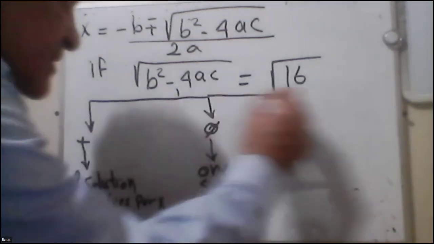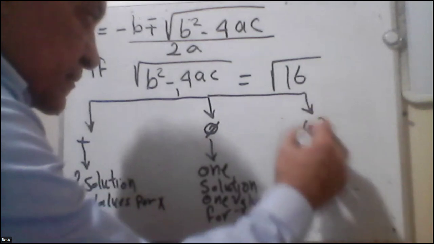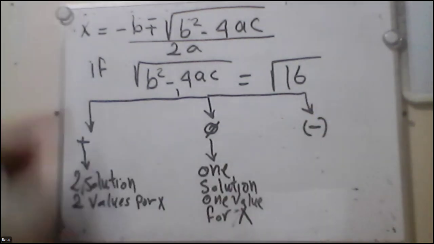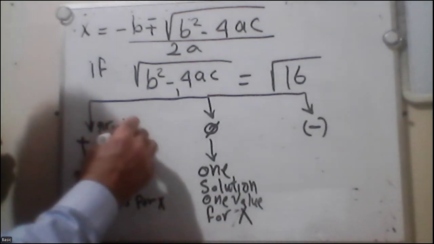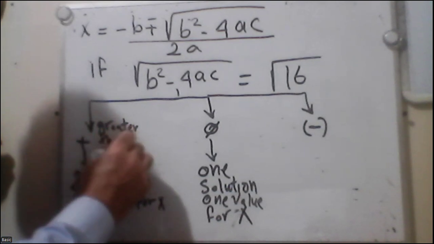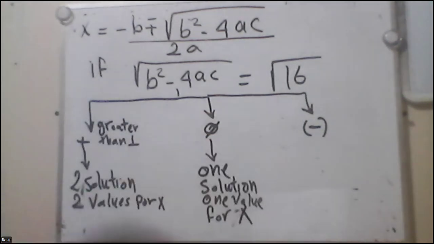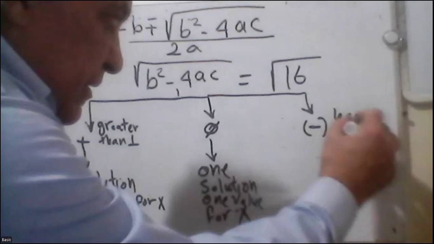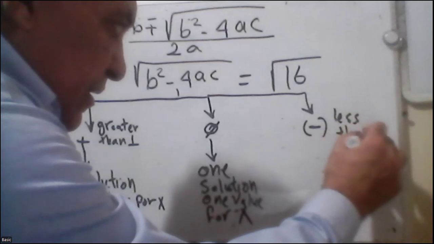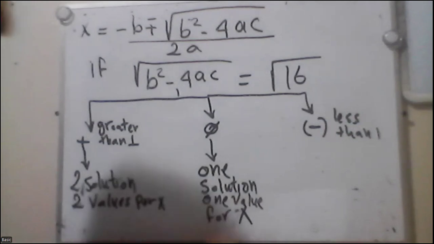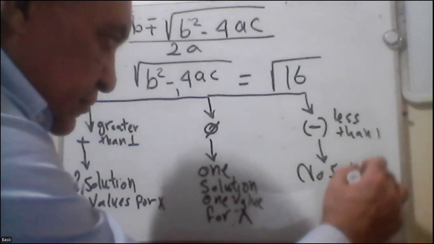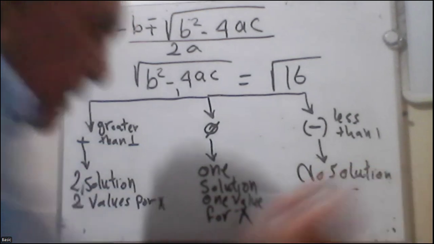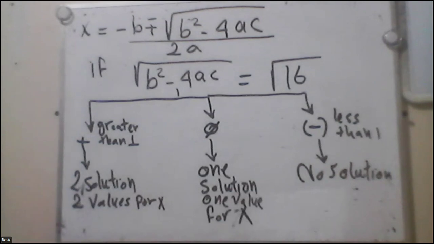But if it was negative, less than 0, in that case, we say there is no solution for this exercise or for this example.